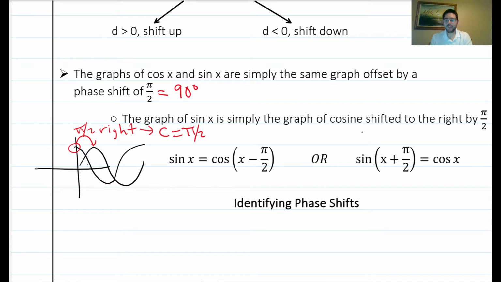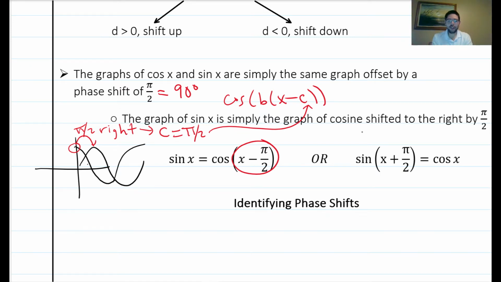But when we plug it in, remember that the form of the cosine or sine is cosine of bx minus c, right? So if I plug in a positive pi over 2, that's just going to make it x minus pi over 2, which is what I have here. Which means that it's a shift to the right because the c is positive, right? Even though you see a minus there, that minus is from the formula, not from the c.